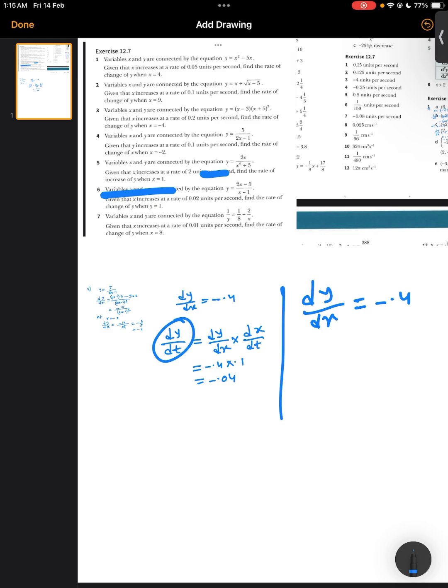I'm sorry, I didn't read the question. So this one is given as 0.1. We have to figure out this one. Just put the equation here.